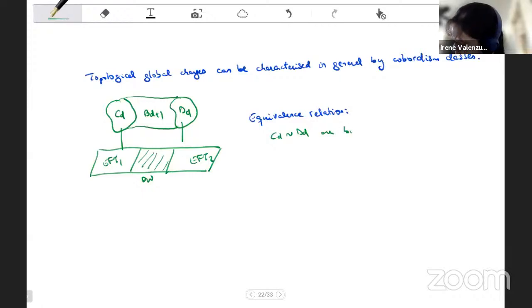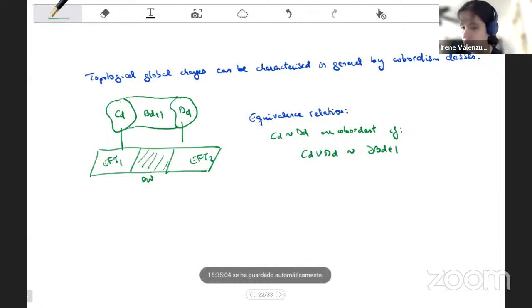So these are bordant or cobordant to each other if their union is the boundary of a manifold of one dimension more. Okay, so this is a mathematical definition that gives rise to an equivalence relation.